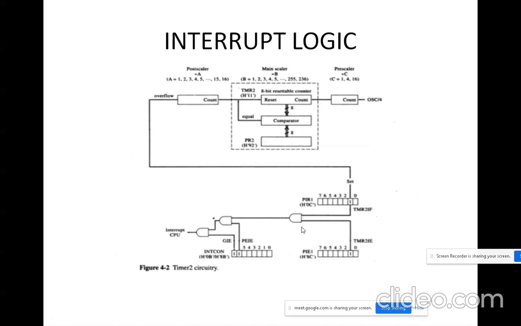Then interrupt logic. Interrupt logic is nothing but here you will be using the scalar, that is the main scalar with the prescalar and postscalar, to measure the interrupt service time, or loop time. This is your circuit diagram, the timer 2 circuit diagram, which will maintain the looping time of each and every interrupt coming from your external device.